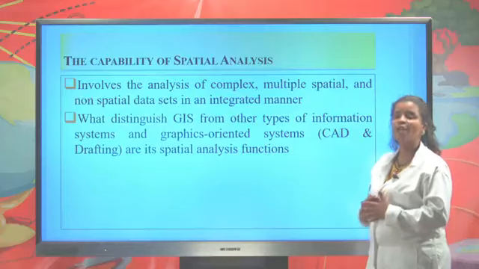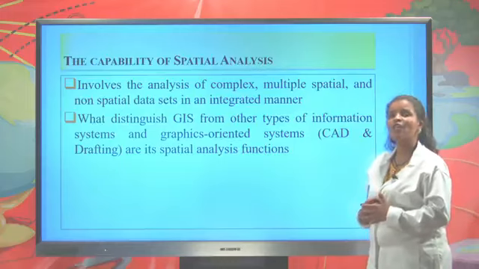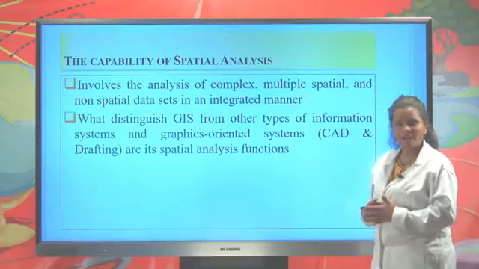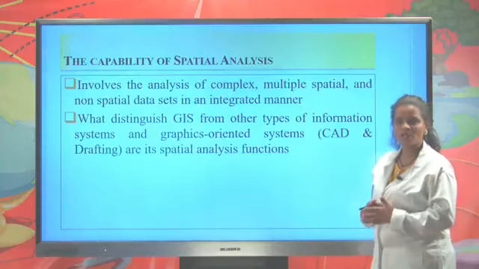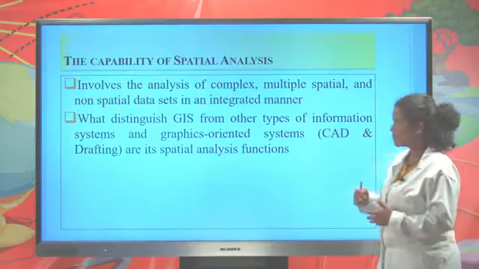So GIS is important for analyzing very complex data and solving different problems.